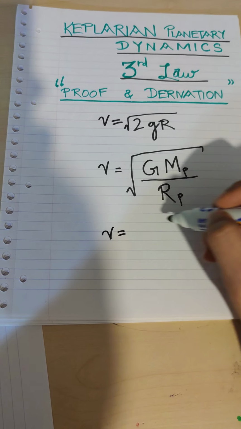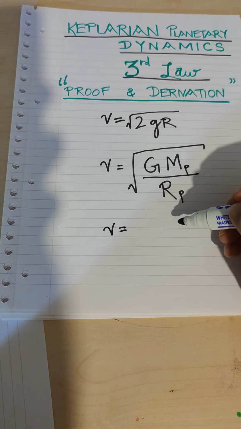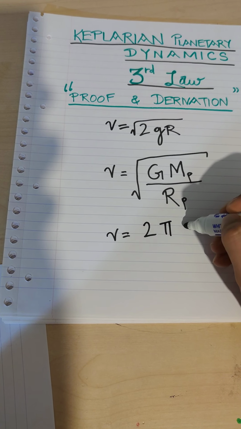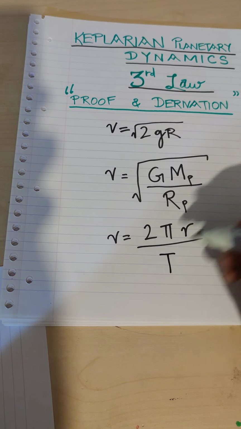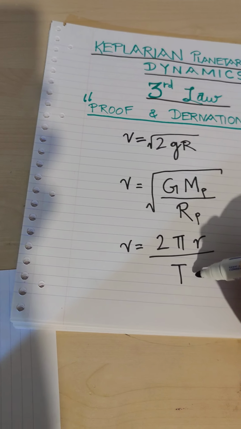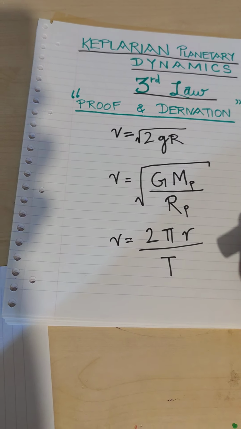If you want to know the velocity in revolutions per unit time, you'll have to use 2 pi r divided by T. So this is what you use, and T is usually a 24-hour period.